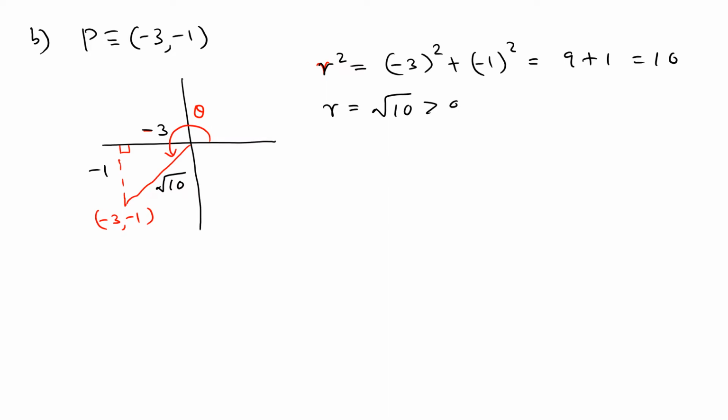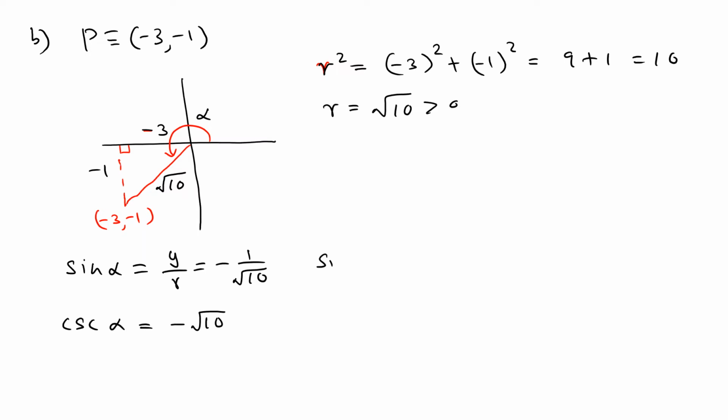So again, let's call this angle alpha, just to make a difference from the previous one. So sine alpha is y over r, that means -1 over square root 10, and the cosecant alpha, you can make it upside down, so it's negative square root 10.